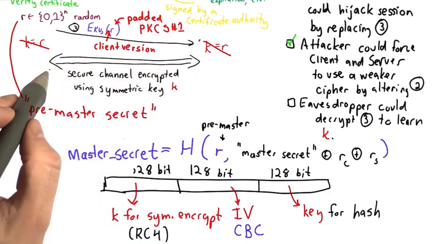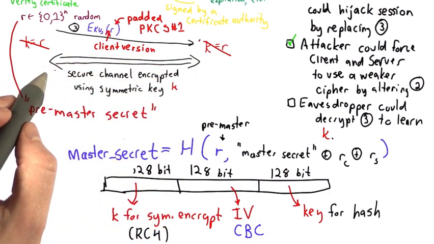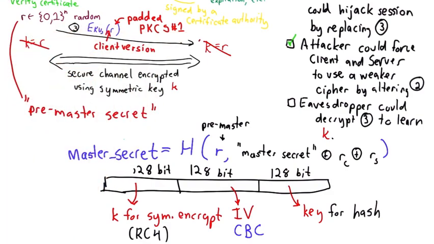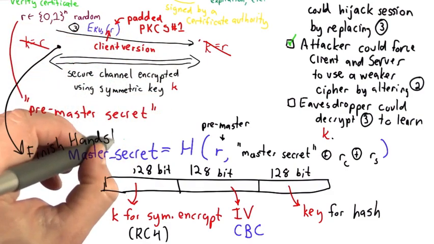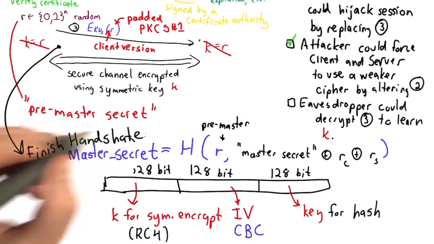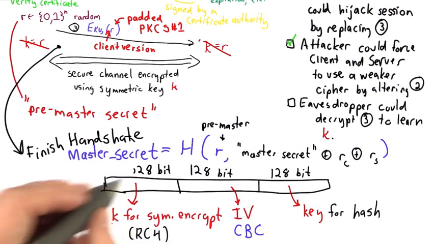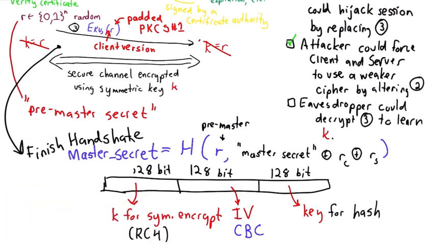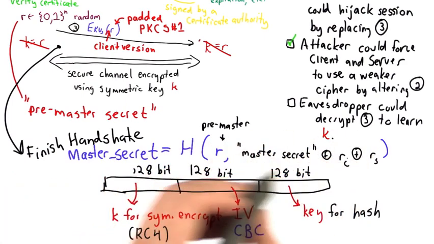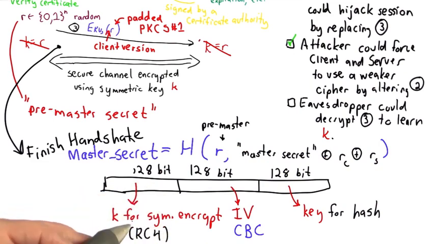What happens before the channel is used for anything secure is that the client and the server need to verify that they got the same key. So we add a step here to finish the handshake. The way that step works is we encrypt the finished message using the key extracted from the master secret. That means if any of these values were tampered with, that key would be different.